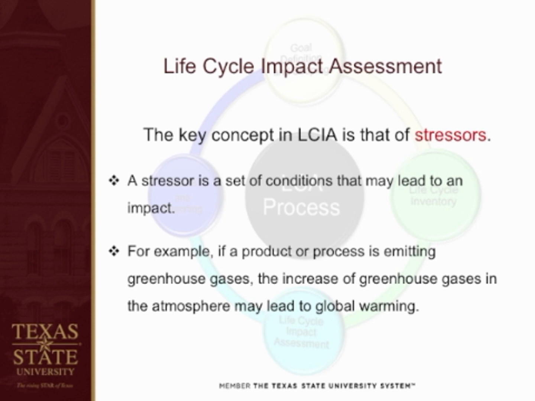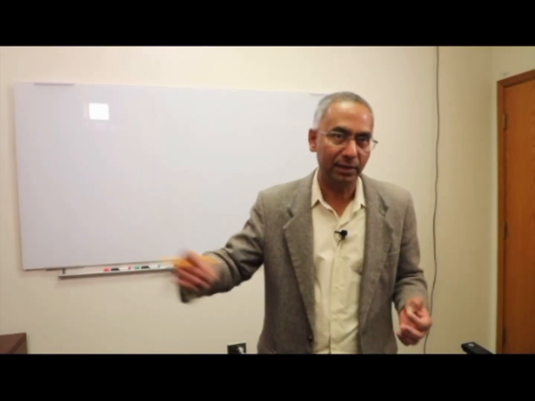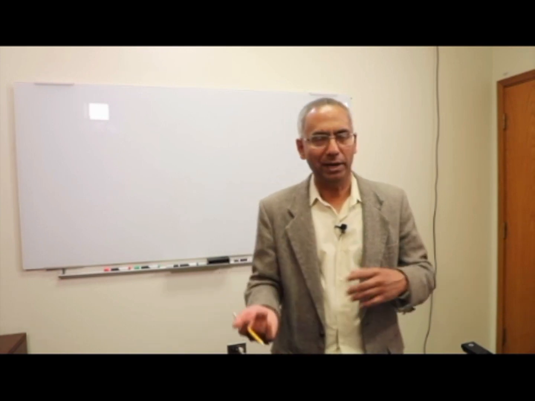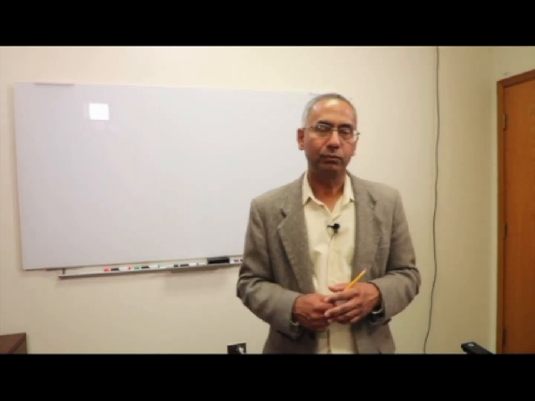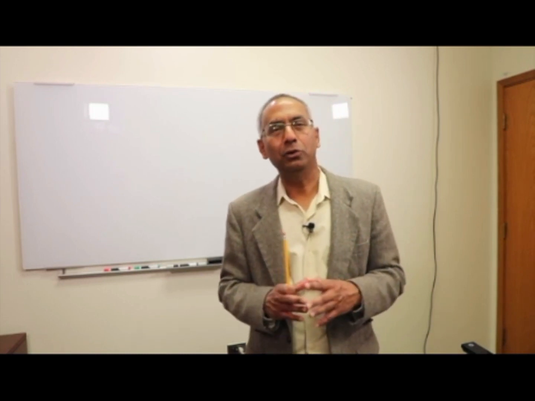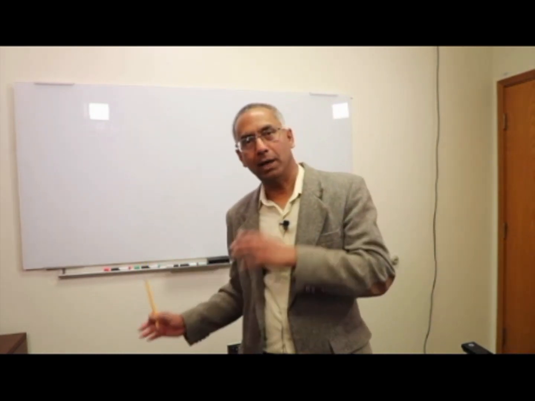For example, release of greenhouse gases may lead to global warming. It's not definite. It's very difficult to have a definitive answer, which is why there's a debate among scientists about environmental anything. So we are careful to use the words may cause this.